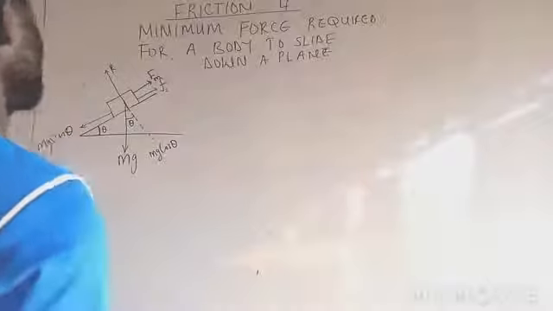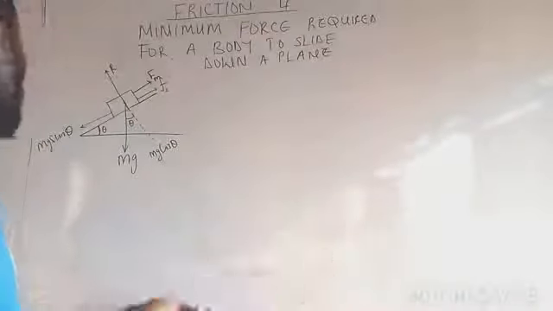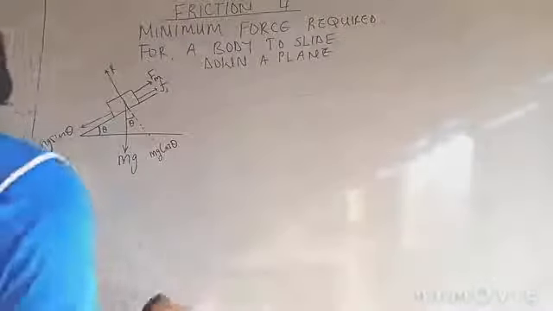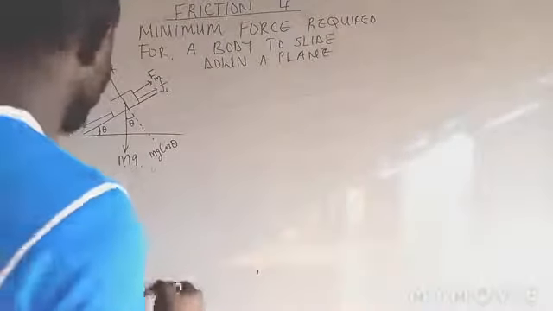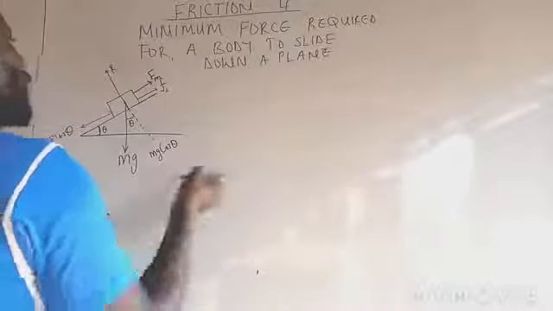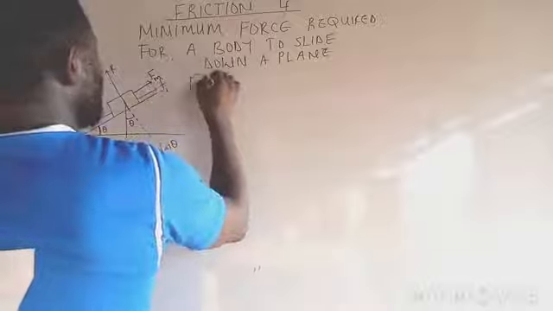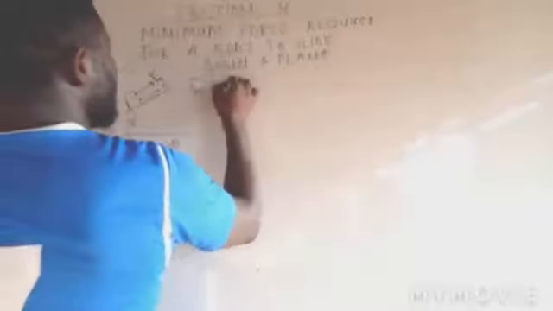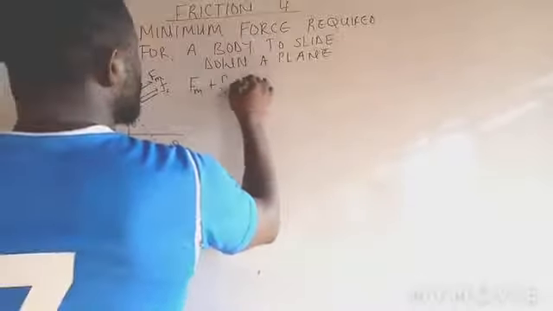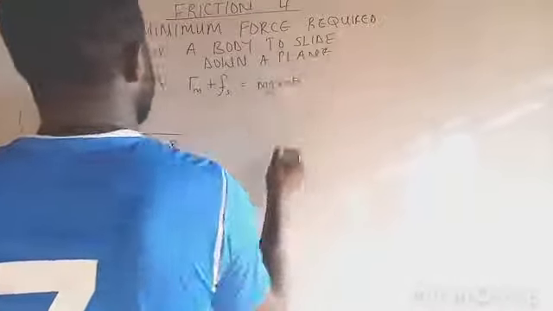All right, since the body is not moving downward and it is about to move, the next thing is just to make sure that the two cases are possible. So I have the first one, Fm, which is the minimum force, plus frictional force, which must equal mg sine theta.